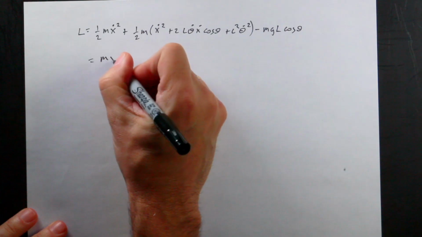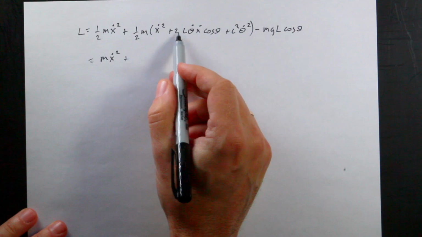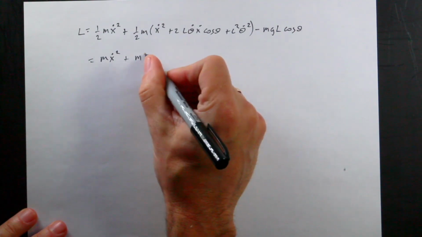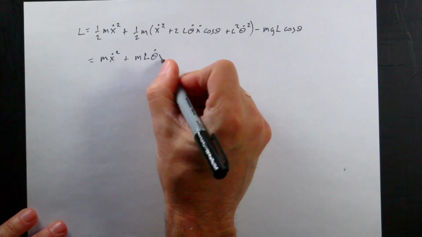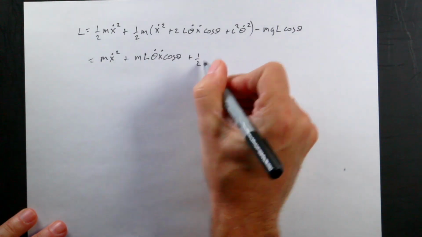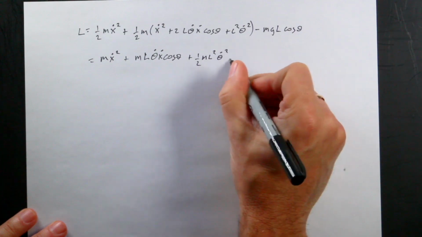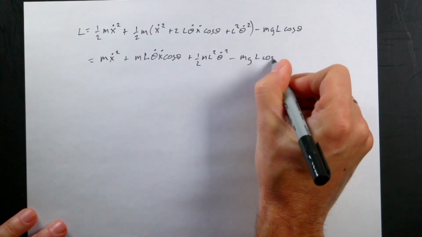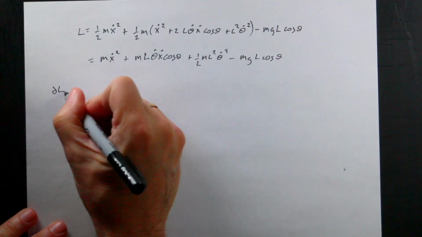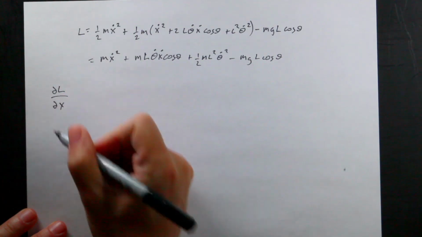So let's go m x dot squared plus, then I'm going to get 1/2 m multiplied by the 2, so I get plus m L theta dot x dot cosine theta, and then I have this plus 1/2 m L squared theta dot squared minus mgL cosine theta. Okay, so the first thing I'm going to do is to take the partial of L. I have two variables. Let's just do x first. Partial of L with respect to x, right?